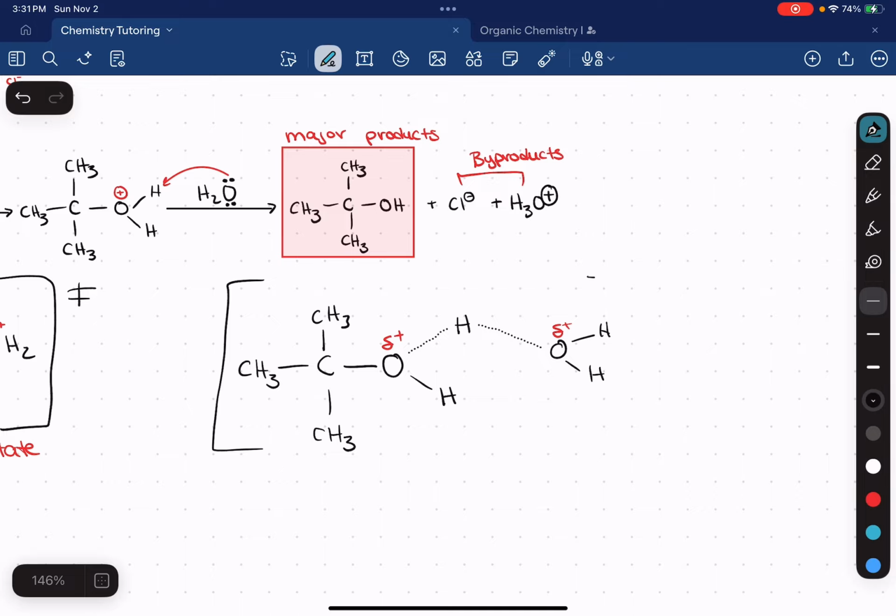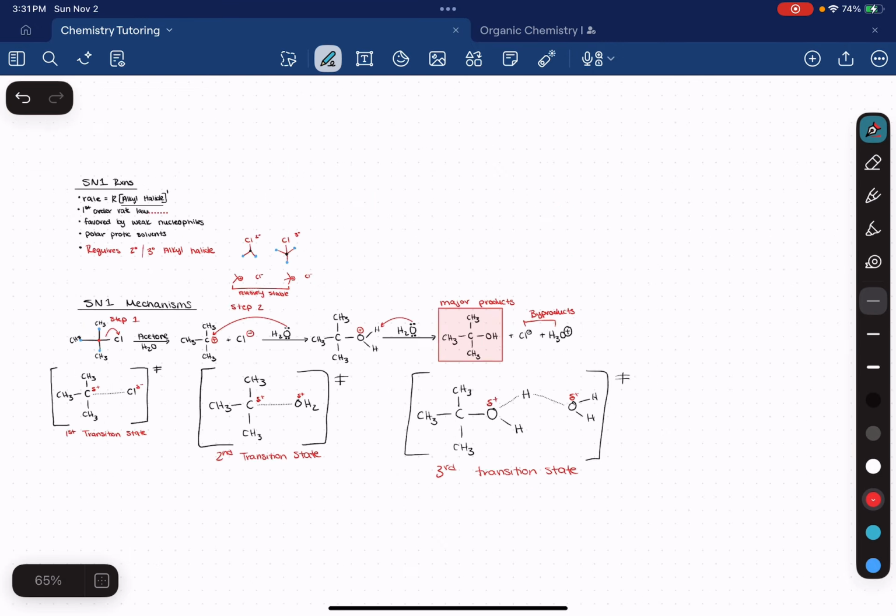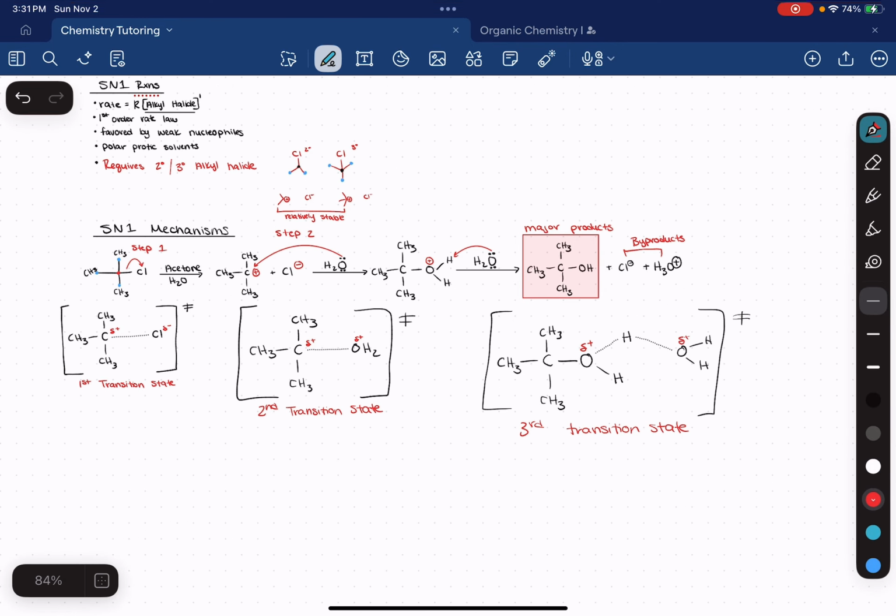Seal it off with our brackets. Mark it with our transition state symbol. And this is our third transition state. All right, I hope that made sense. He might ask you a question about, oh, how many transition states are in this reaction?